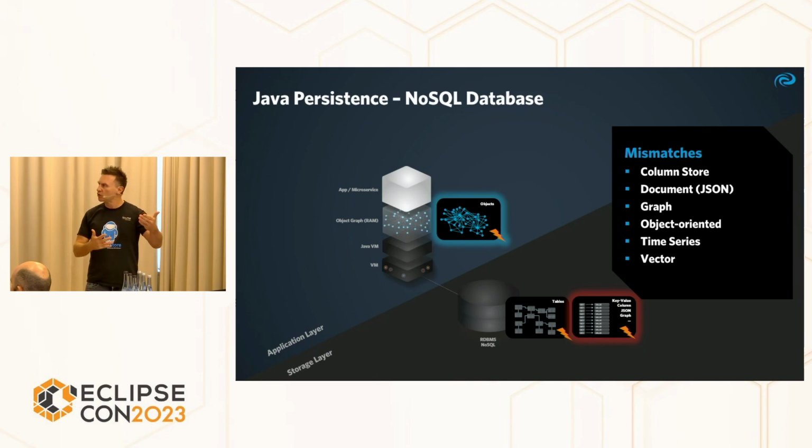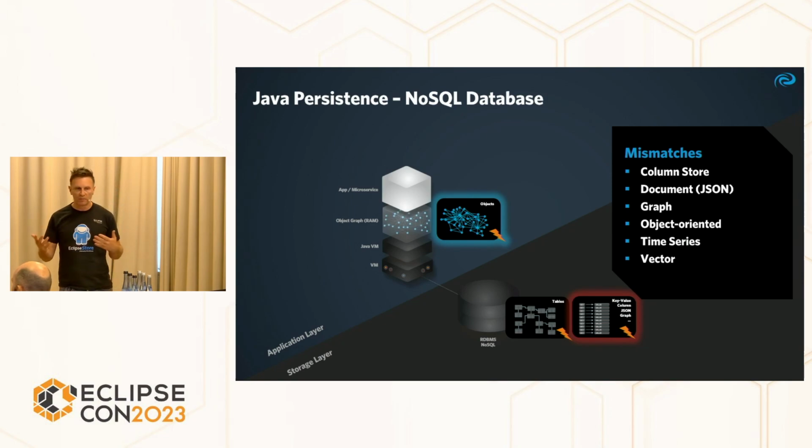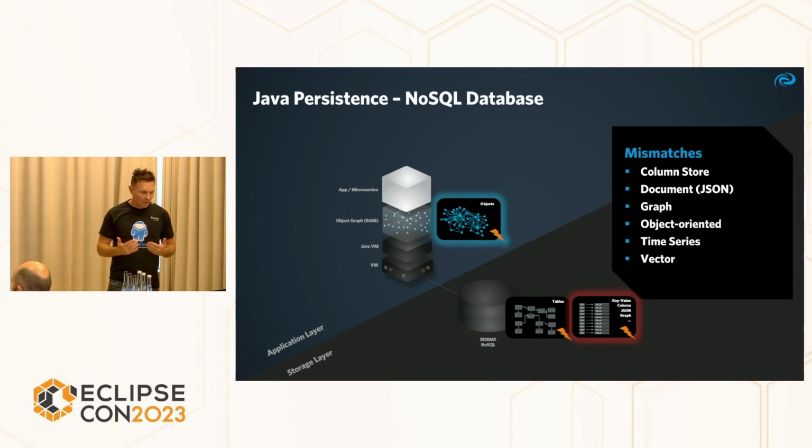We have the column store databases, we have document-based ones like MongoDB, JSON, we have graph databases like Neo4j, or time series databases, and now the vector databases. All of these databases are incompatible with the Java object model as well. We have the same issues here. You cannot store any Java object graph seamlessly in a NoSQL database.